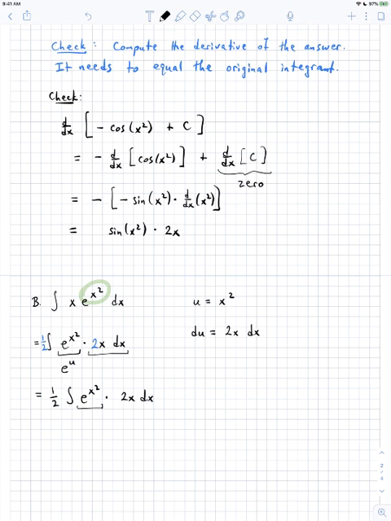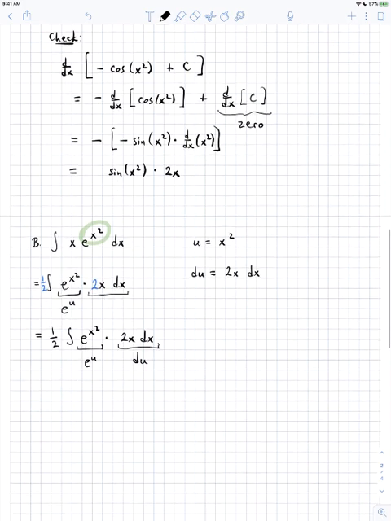So the e to the x squared part is e to the u, and then the 2x dx is du. So we didn't have du, we had half of du. But it's fine to multiply by 2 so long as you divide by 2, because these are constants. So the 2, which is constant, you can take out of the integral and it would divide with the other 2. So that's fine.